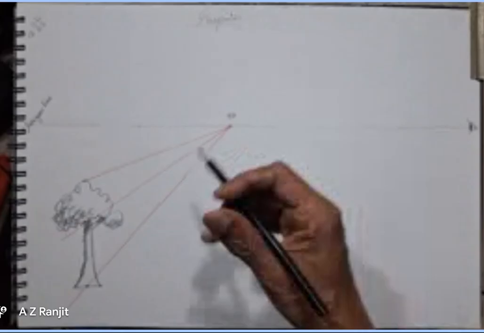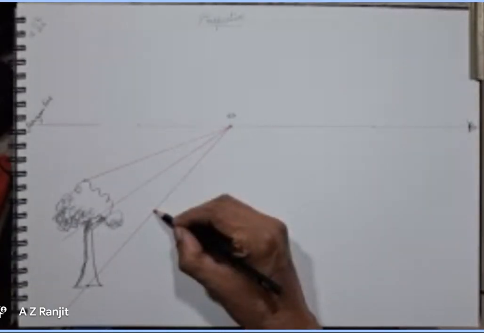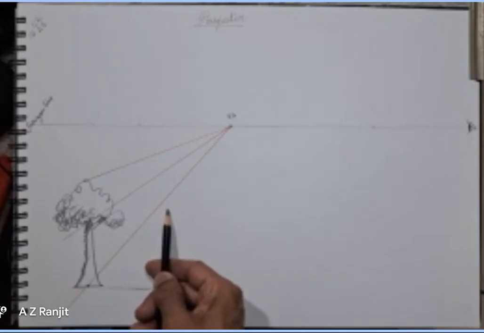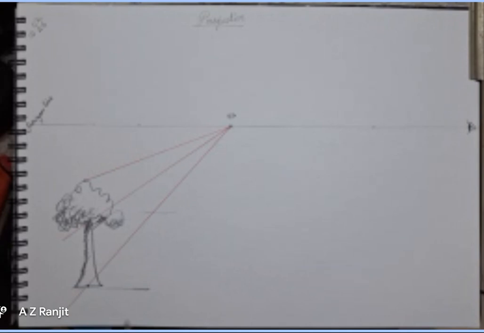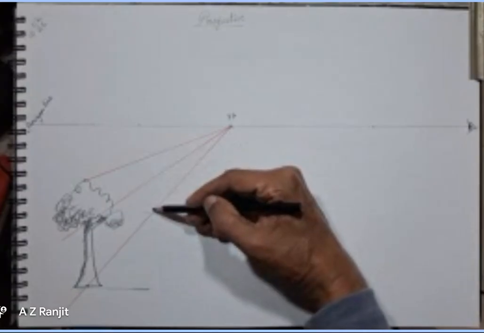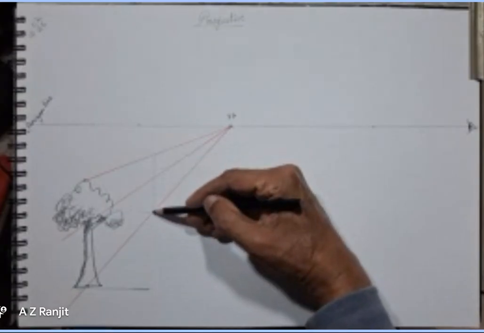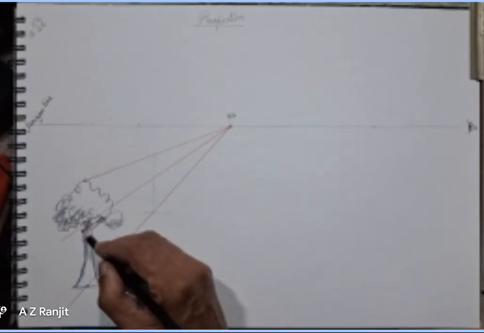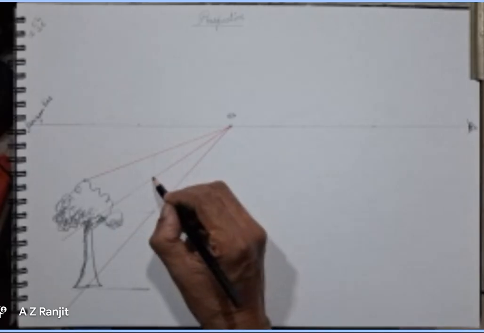Okay. So now this tree is going to come here. This tree is here. Now this tree is going to come here. So that's going to be a vertical line. That is where the tree is going to come. Now this is going to come here.